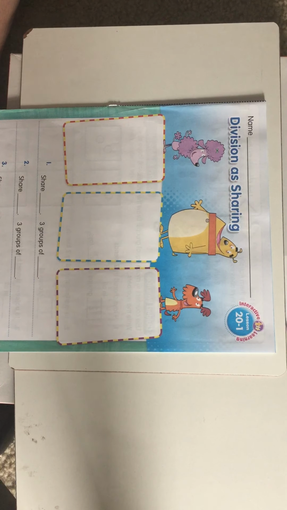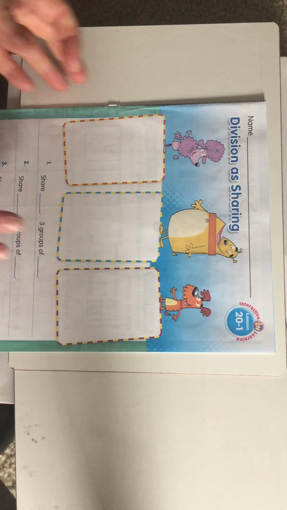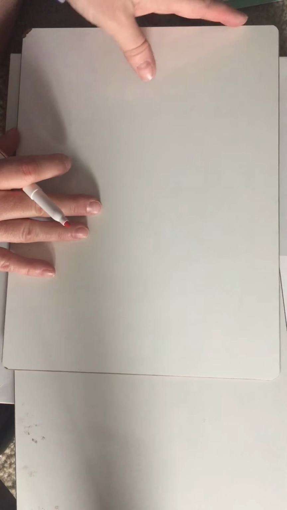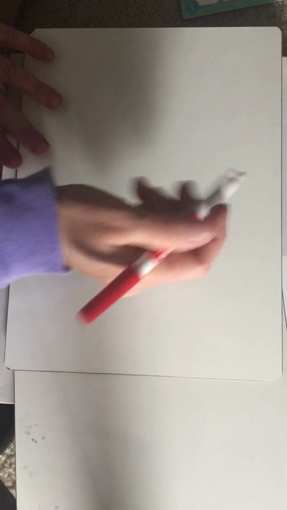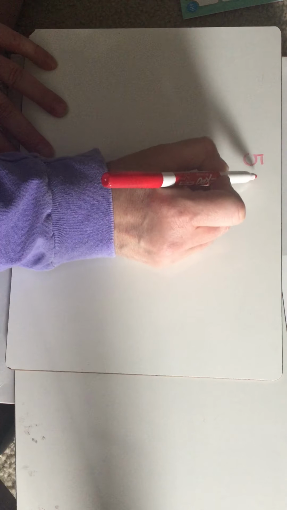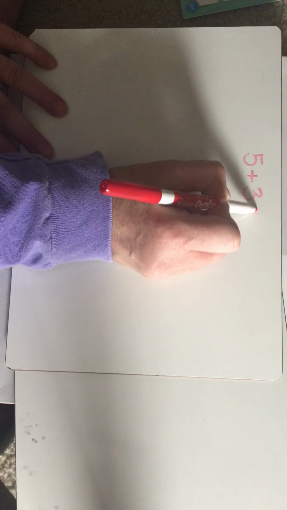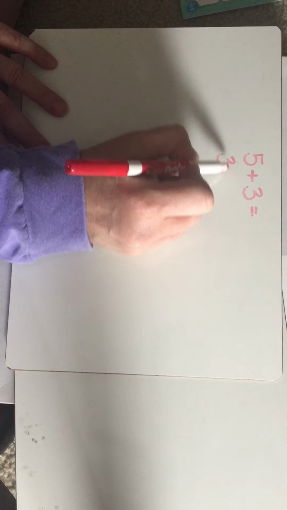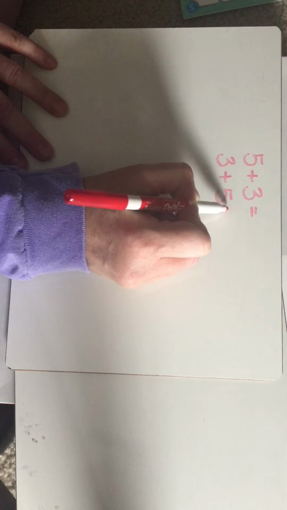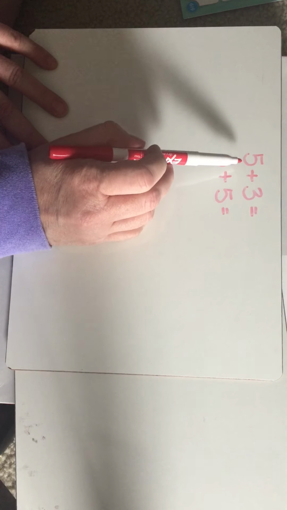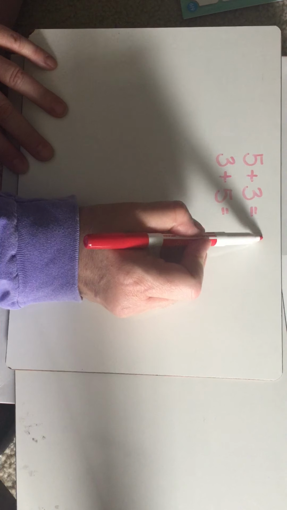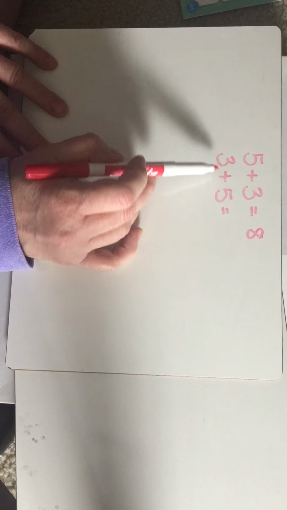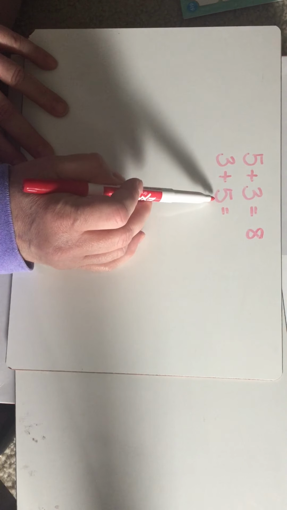So second grade, this is a lot like the fact families. If you'll remember, now that you know multiplication, let's just do a simple math sentence. In addition, we know 5 plus 3 is 8, and we know it doesn't matter what order we put those in.